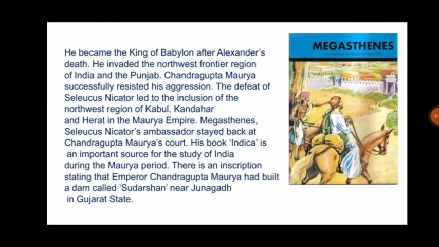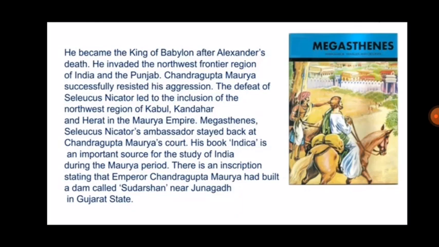Megasthenes, Seleucus Nicator's ambassador, stayed at Chandragupta Maurya's court. His book Indica is an important source for the study of India during the Maurya period.